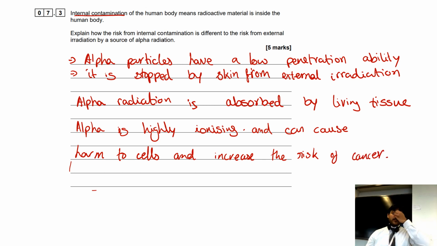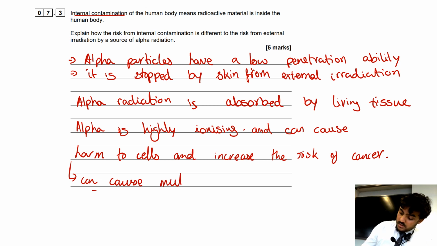Why does it increase the risk of cancer? Because it can cause mutations in cells. That's it. Because it knocks the DNA and sort of alters it and causes mutations which can cause cancer. A lot of information there. And if you say these two things and these three things, you will get all your 5 marks.